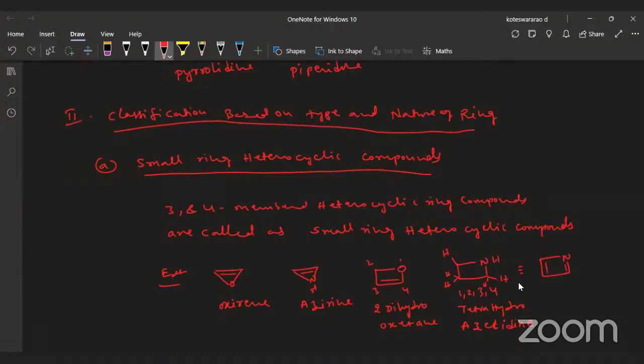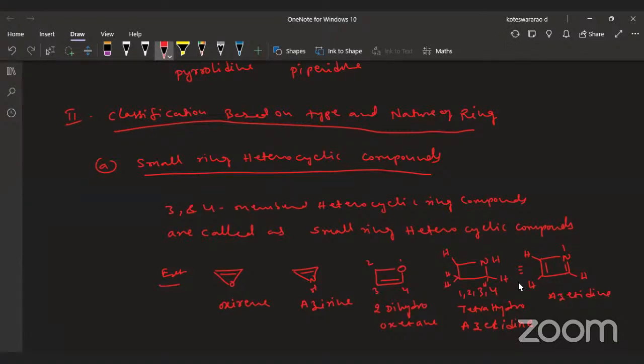In this fully unsaturated one, here there is no hydrogen at the first position, here one hydrogen is there, and here one hydrogen is there. Simply called azetidine. Whenever it is converting into fully saturated, how many hydrogens are in excess and what are the positions?